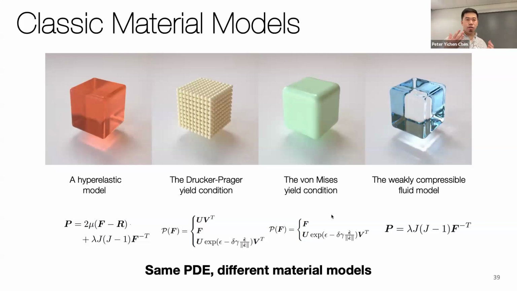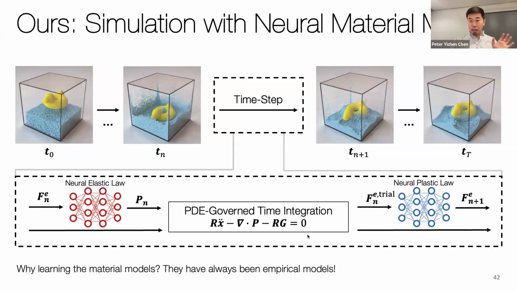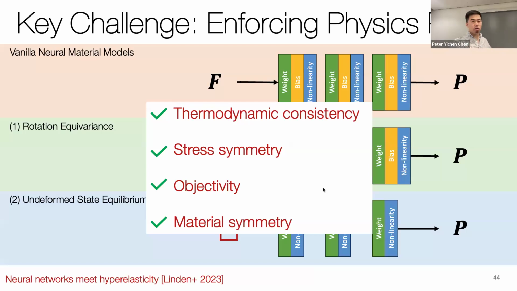So you mean a similar neural architecture that respects the material symmetry, but with the parameters tuned for the different materials? Right, it's the same architecture with different parameters for different materials. Simple MLPs, actually, that map your strain to your stress, and obviously we also make sure we enforce certain physical priors. Cool, thank you.